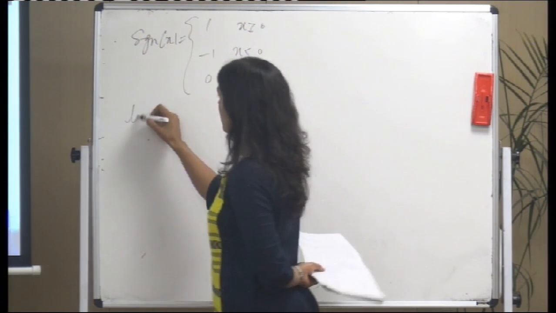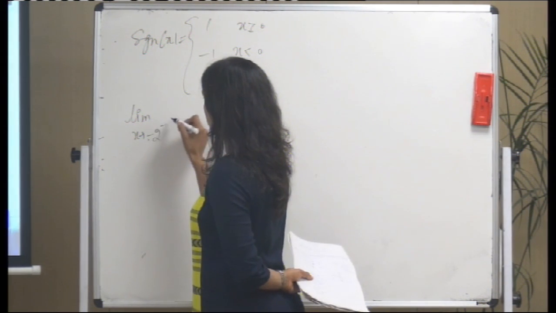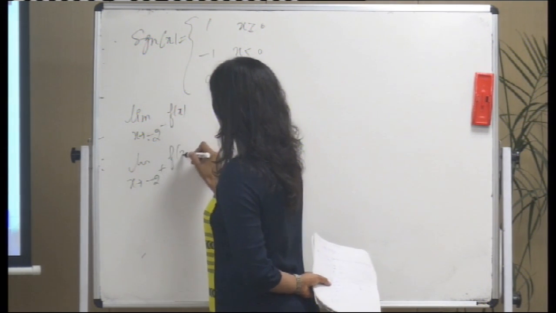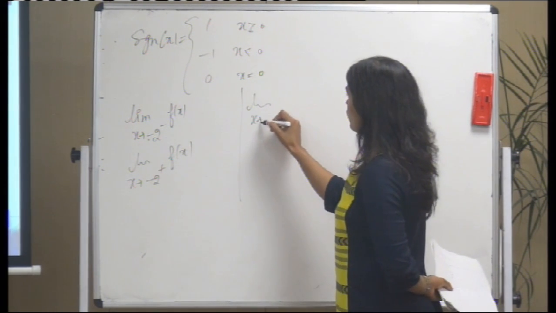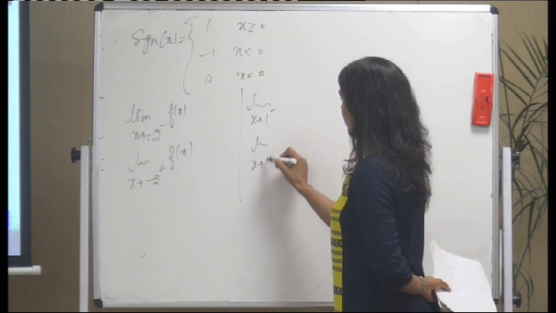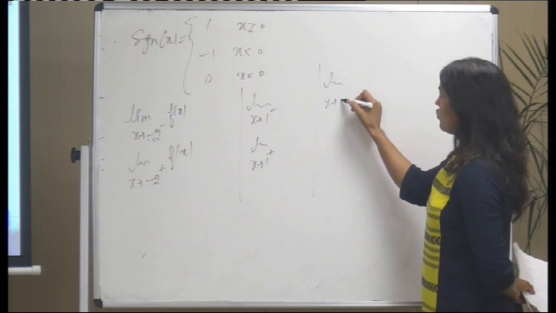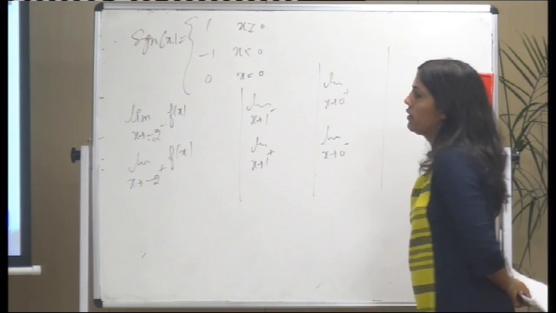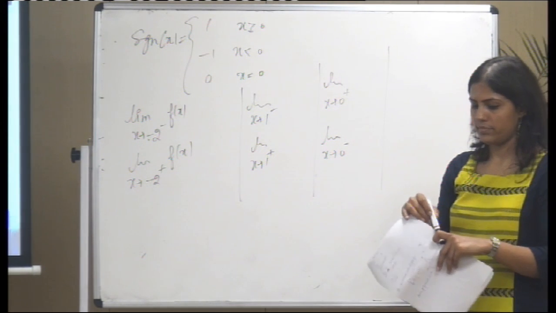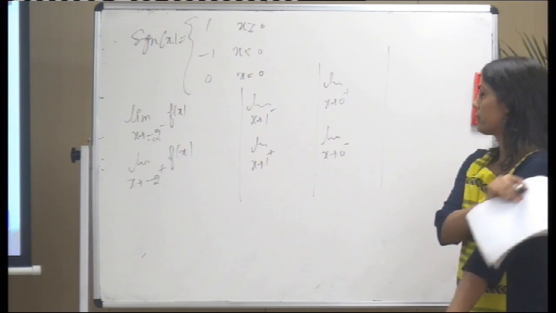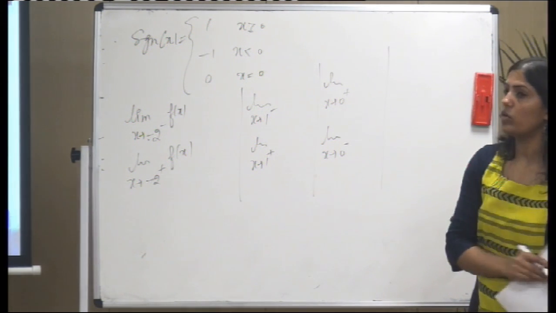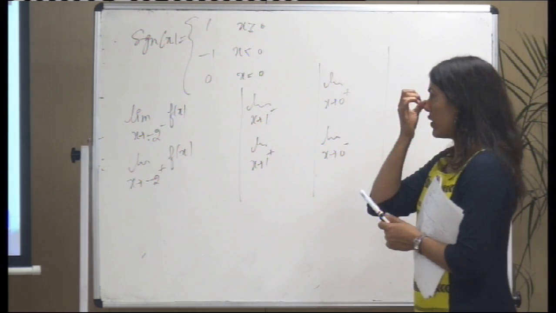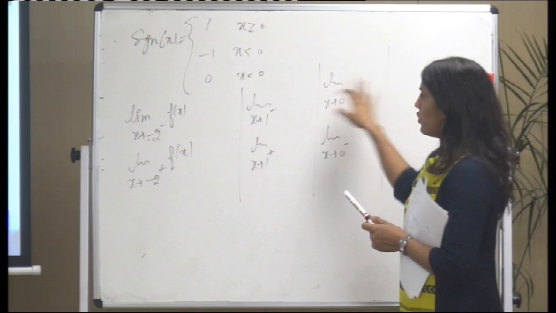Just tell me the limit as x tends to −2 minus, −2 plus, 1 minus, 1 plus, 0 plus, and 0 minus. Its domain is real, and its range is 0, 1, −1. What values are you getting?